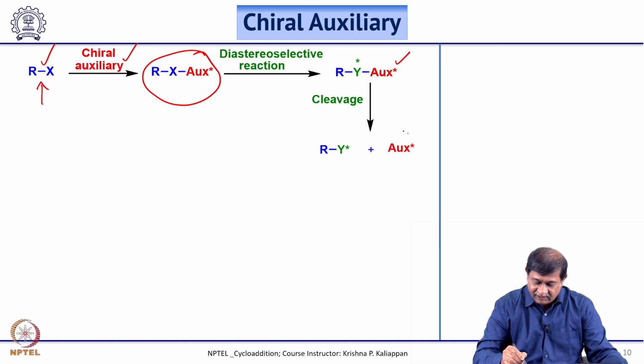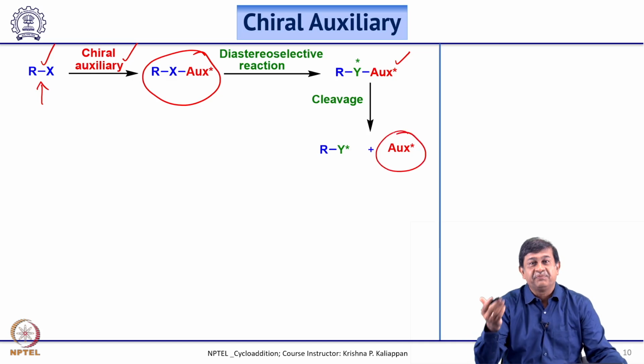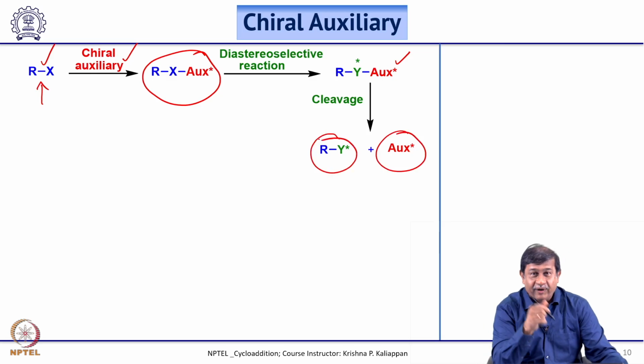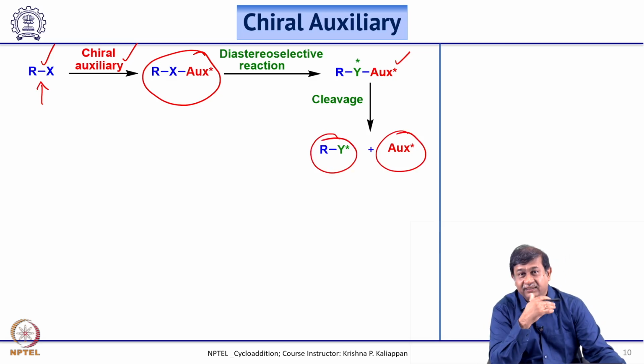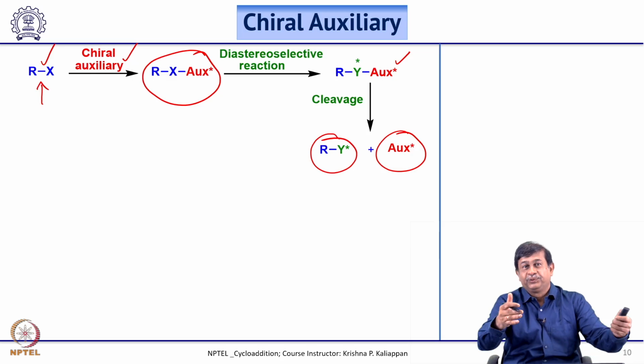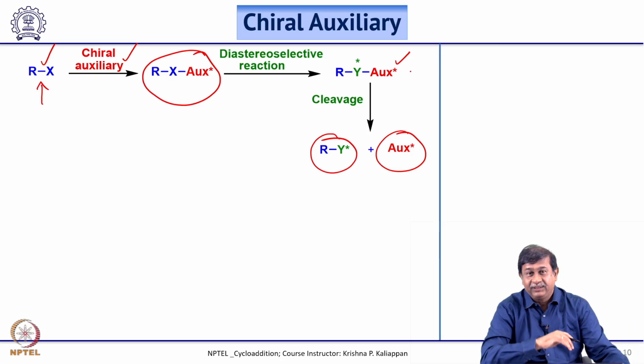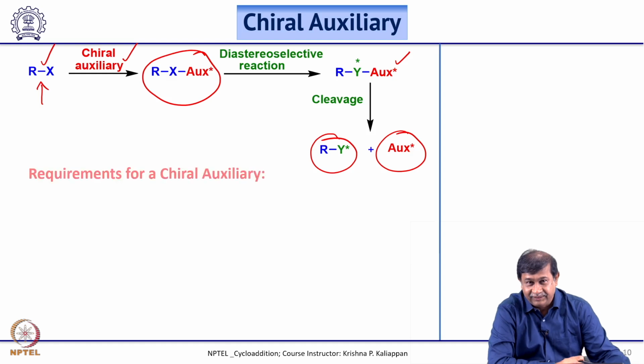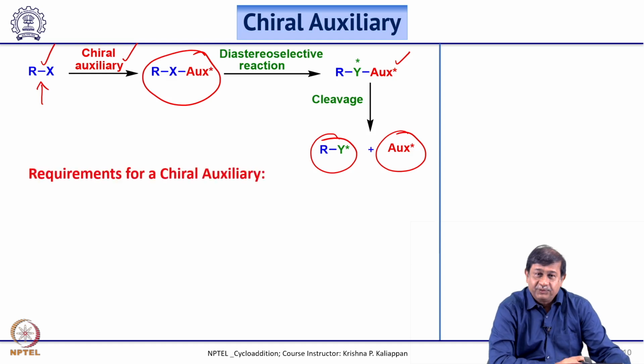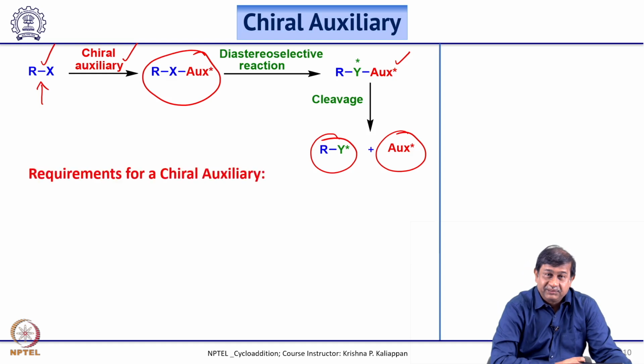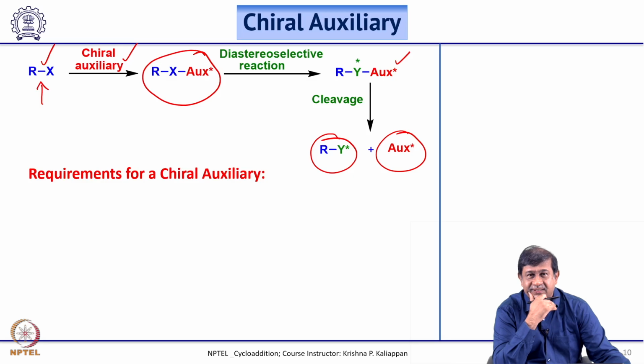Once you remove the chiral auxiliary, you get your chiral auxiliary back, which can be reused. But the product, in this case the Diels-Alder product, is one enantiomer, because you have separated the 2 diastereomers and only then cleaved the chiral auxiliary. So this is how one can easily do asymmetric Diels-Alder reaction by employing a good chiral auxiliary. We will discuss a few chiral auxiliary based asymmetric Diels-Alder reactions in the next couple of minutes.